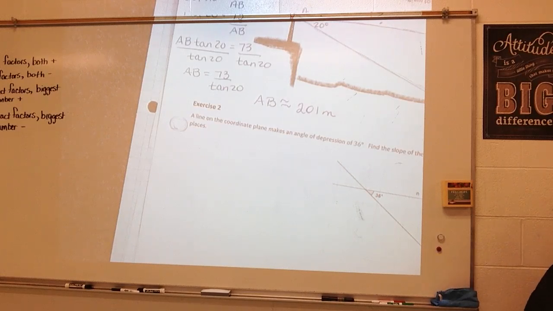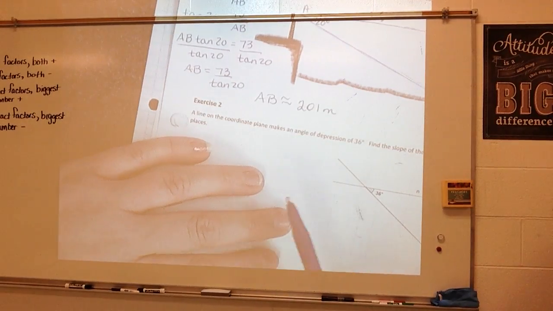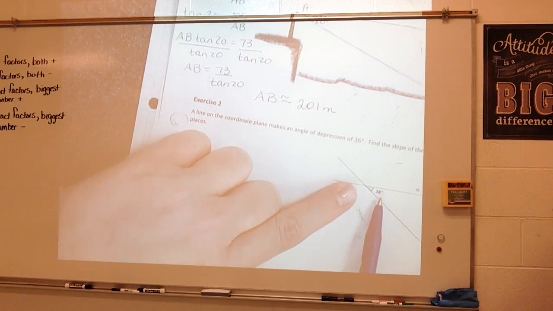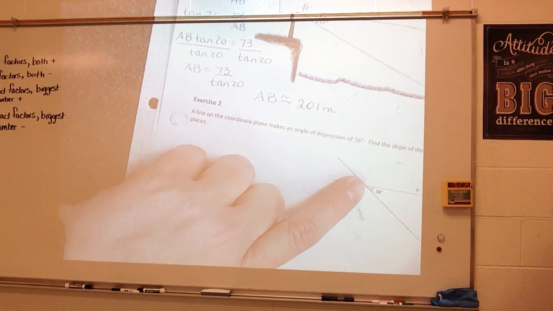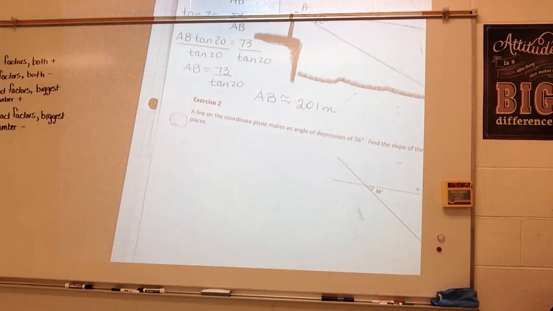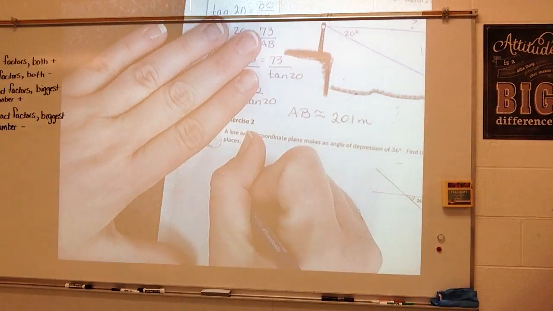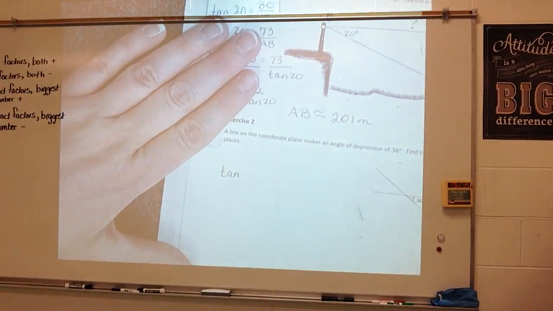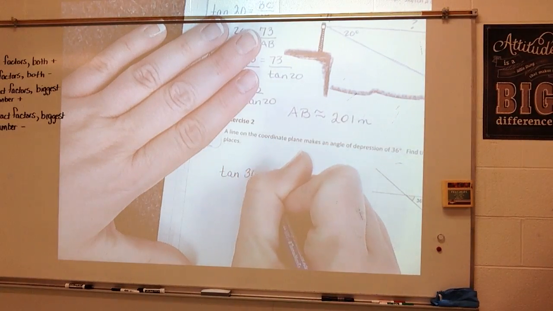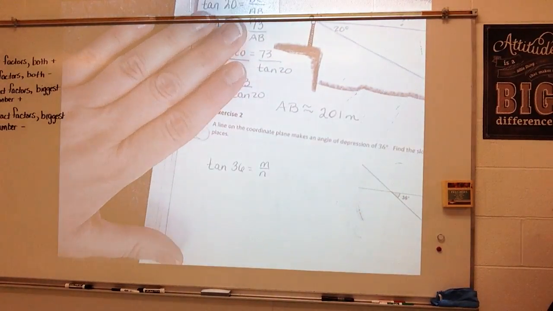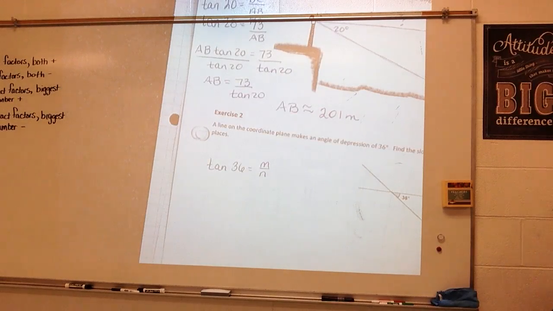We can do tangent, which is opposite over adjacent, or M over N. So tangent of 36 is equal to M over N.